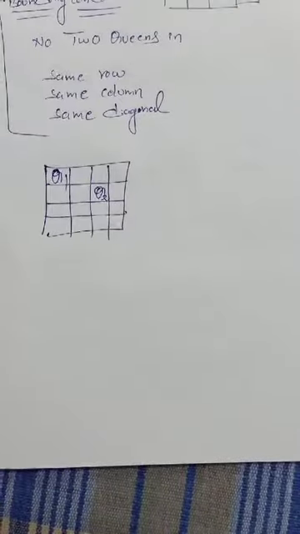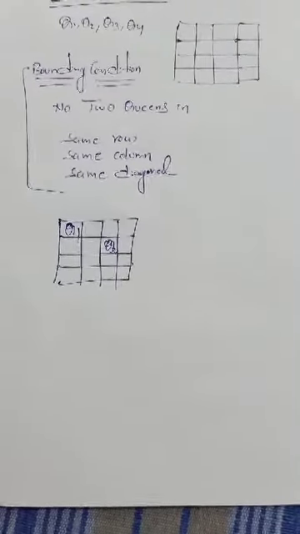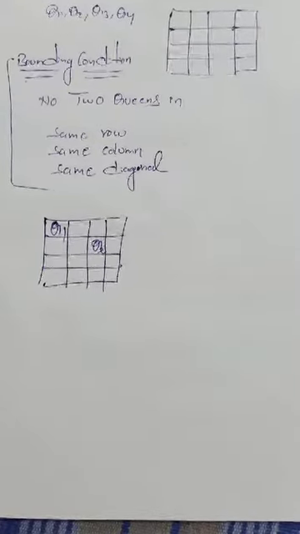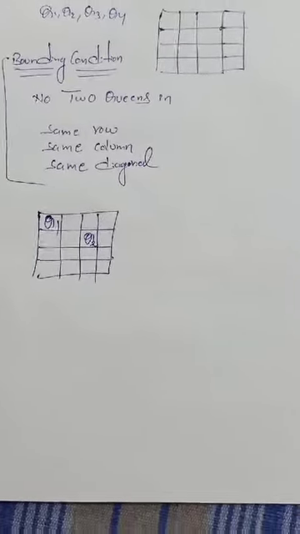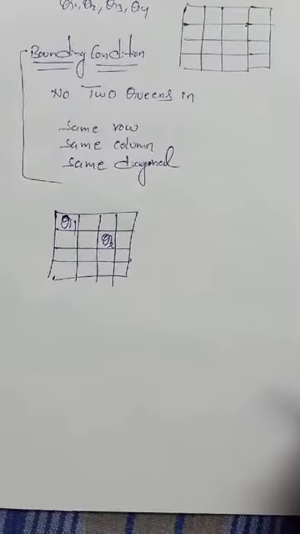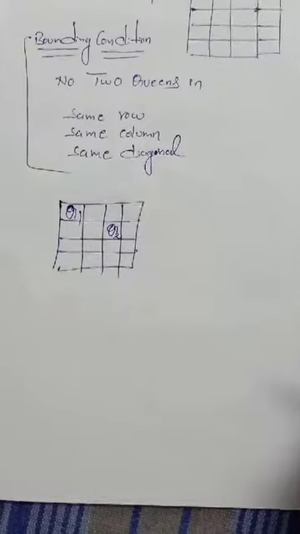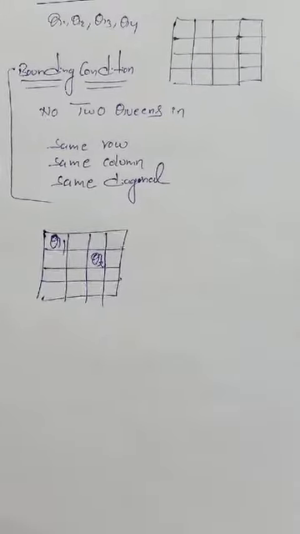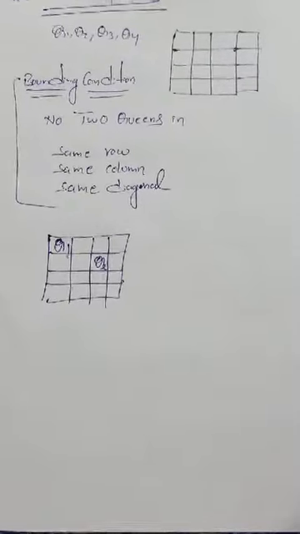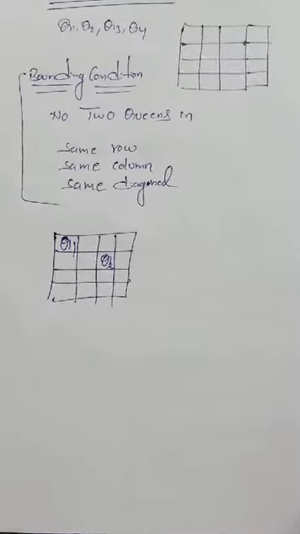So our task is to place each queen in each row such that no two queens are in the same row, same column and same diagonal. So far we placed q1 and q2, right?